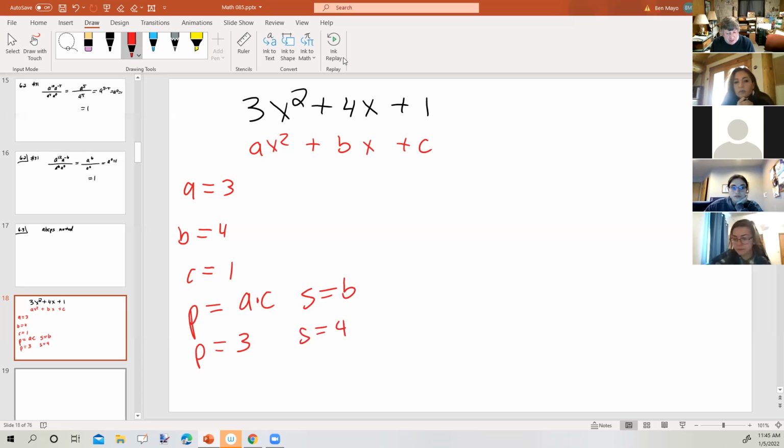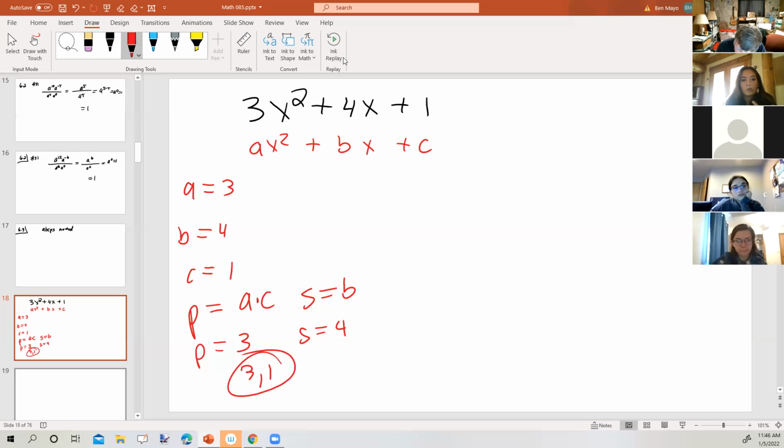Now we play the same game we did before. We look for a pair of numbers whose product is 3 and whose sum is 4. How about 3 and 1? 3 times 1 is 3. 3 plus 1 is 4. Okay. But now things are different as well. In the previous section, we would have just had x plus 3, x plus 1, but we don't have a leading coefficient of a 1, so we can't do that.